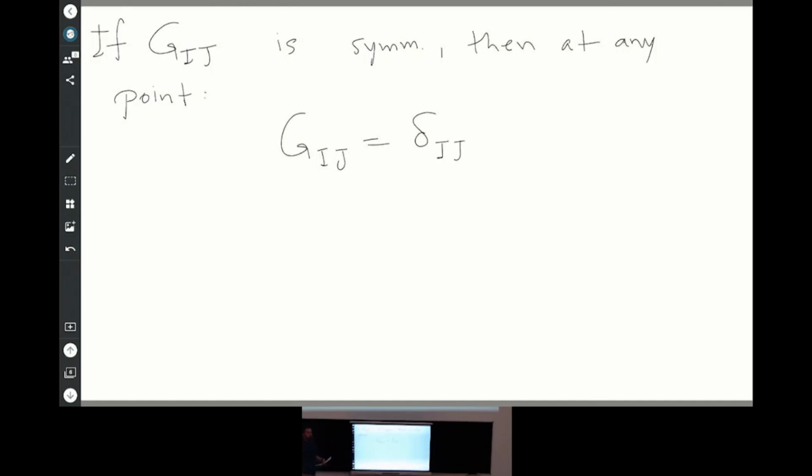Around that point, of course, I will have order lambda squared corrections, but at any point I can make this choice. And when I make this choice, then from the basic equation, the beta function is just the derivative of a scalar.